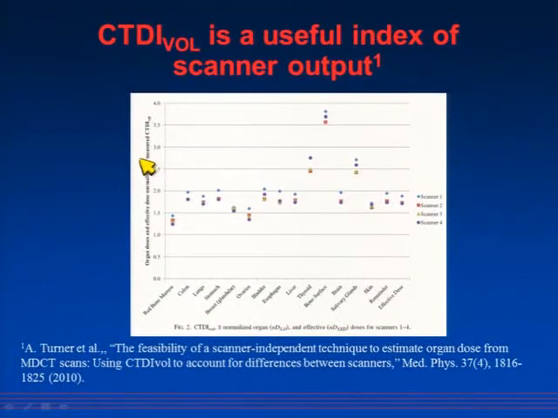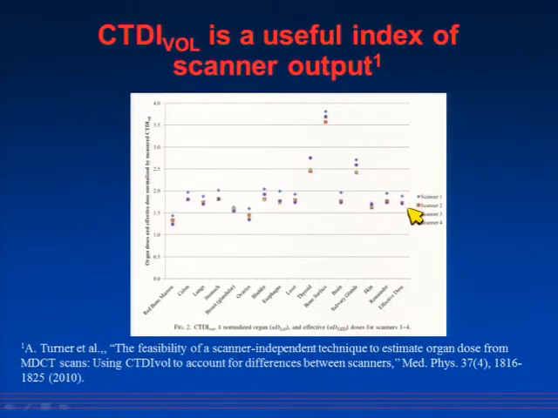Now, CTDIvol is a useful index of scanner output. This is a very nice paper by Turner et al. at UCLA, where they took a bunch of different scanners and did Monte Carlo calculations of organ doses as a function of which scanner you used, but normalized to CTDIvol. You can see there's a little bit of variation between organs, but by and large, it doesn't matter which scanner you use.